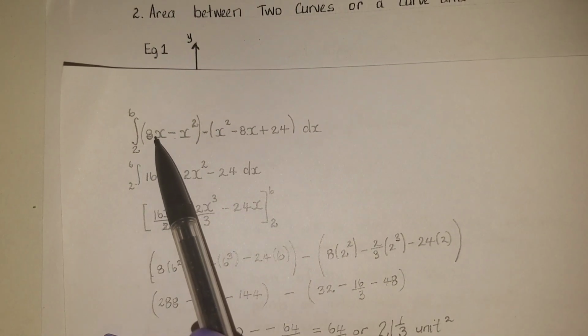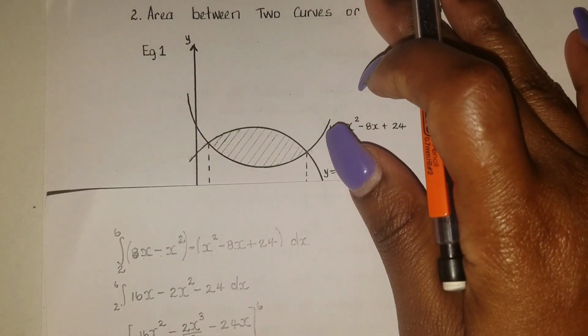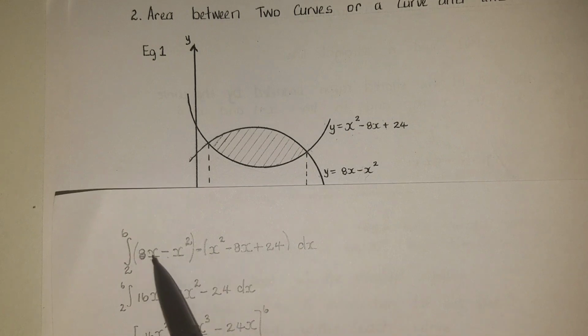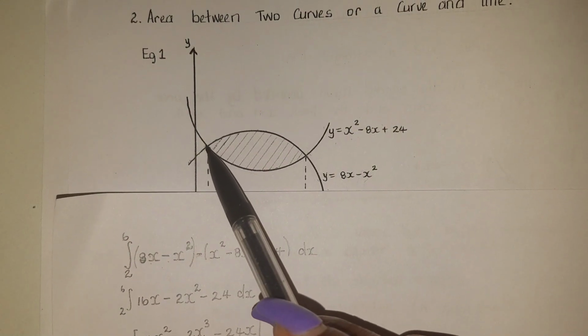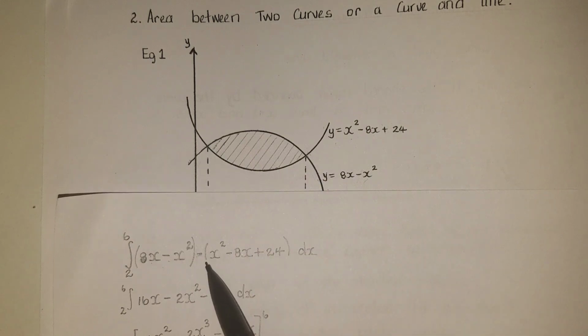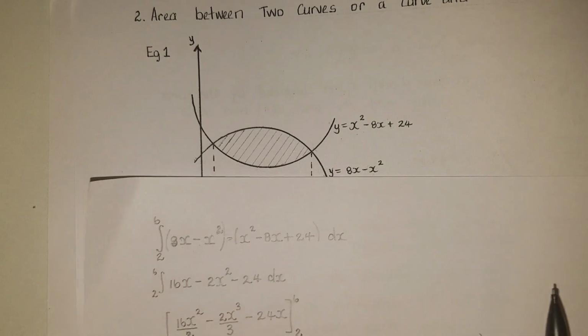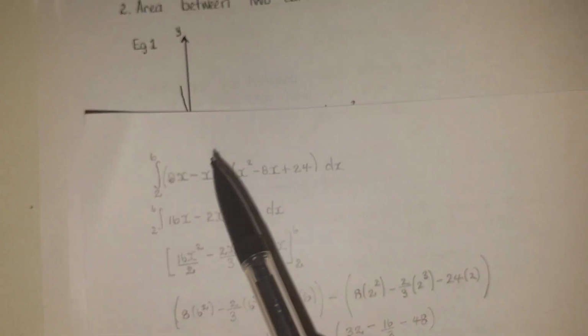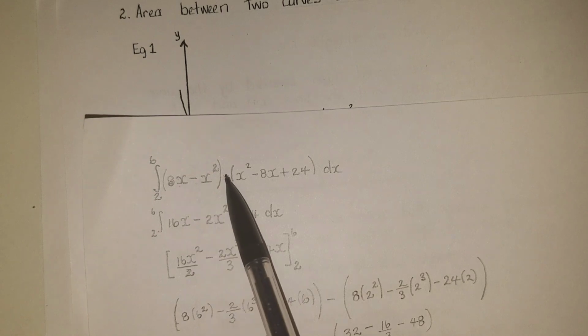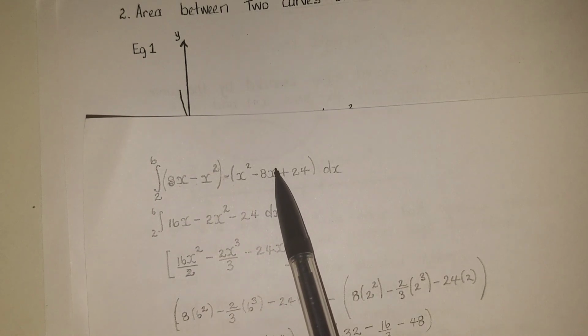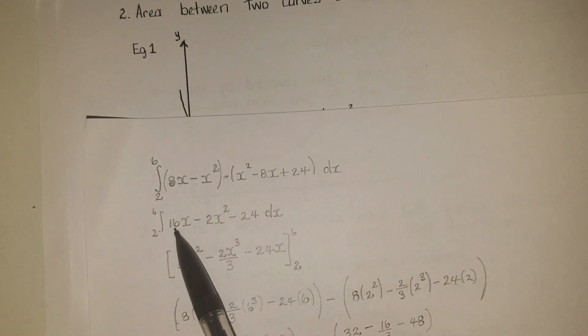So we have our larger function under this curve, 8x minus x squared, subtracted with the smaller function, x squared minus 8x plus 24. And we will simplify that. So we have 8x minus a negative 8x is a positive 16x.